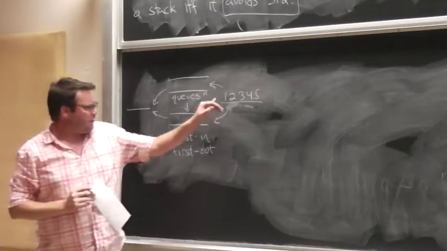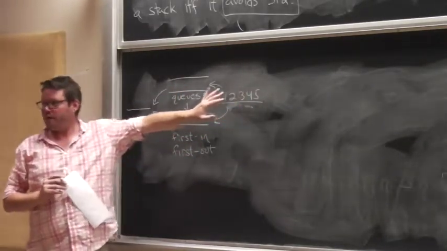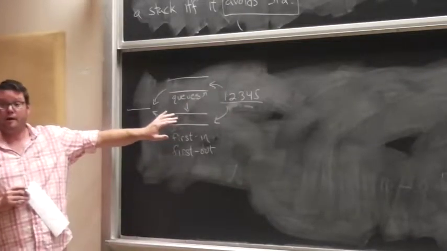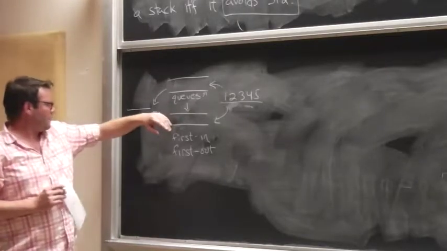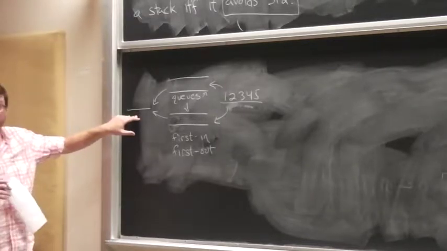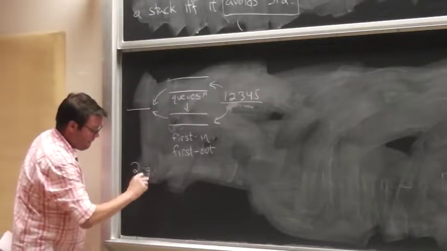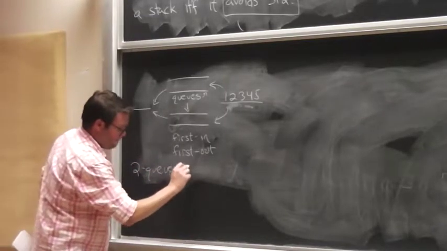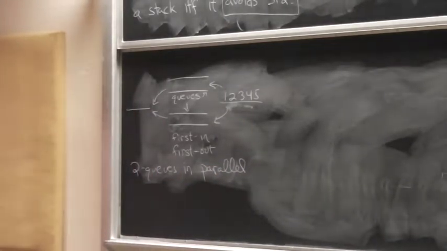So we can take some increasing subsequence, put it on the top queue, take the rest, which will be another increasing subsequence, and put it on the bottom queue, and then choose among those which to output when. We can do this in any way we want, so two queues in parallel can generate anything that's the union of two increasing subsequences, and that's equivalent to avoiding 3, 2, 1.